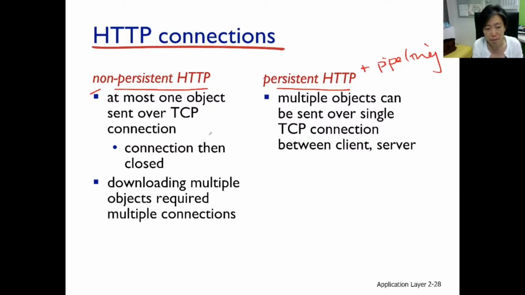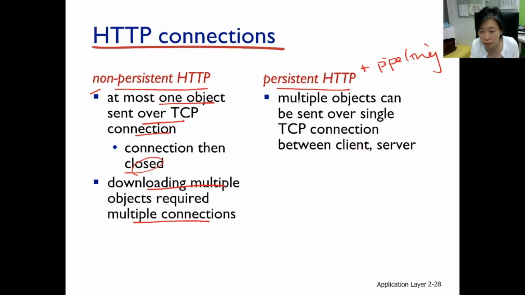In that, you send one object per TCP connection. The client and the server set up a TCP connection, then you send one HTTP request, you get one web object, and then you close the connection right after that. To download multiple objects, you need to create multiple connections one after another sequentially.